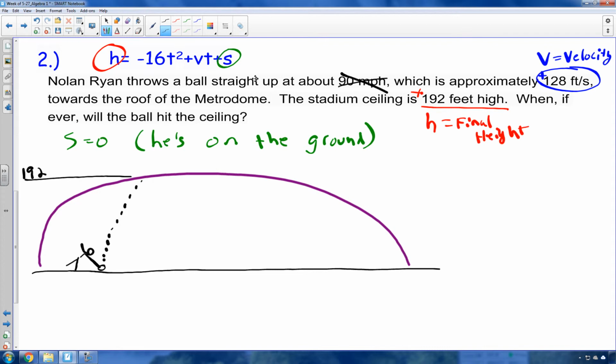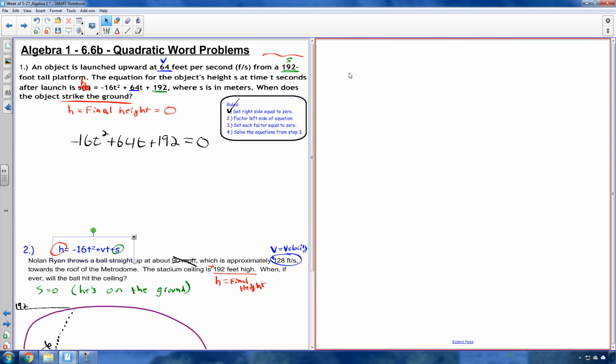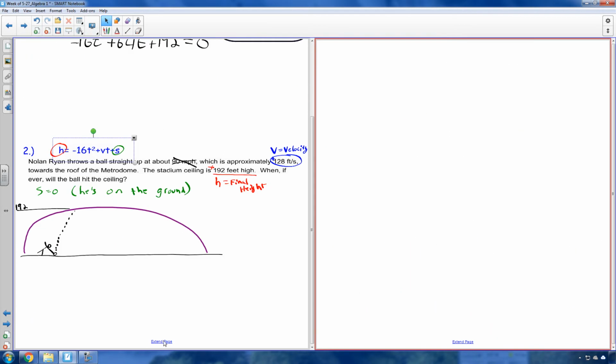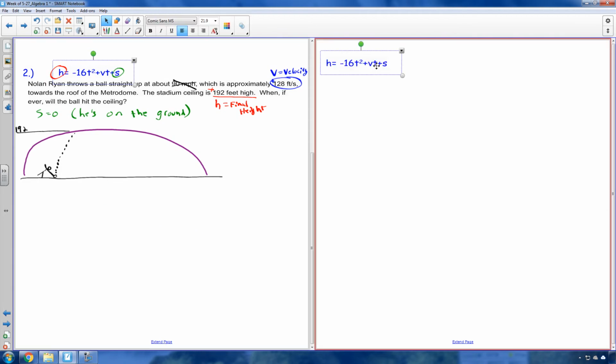I'm going to split the screen, and I'm going to fill in this equation with everything that I know. Everything I know I'm going to put into this equation. So let's try it out. Well, the first thing that I know is that his final height is going to be 192. So I'm going to fill that in with 192.